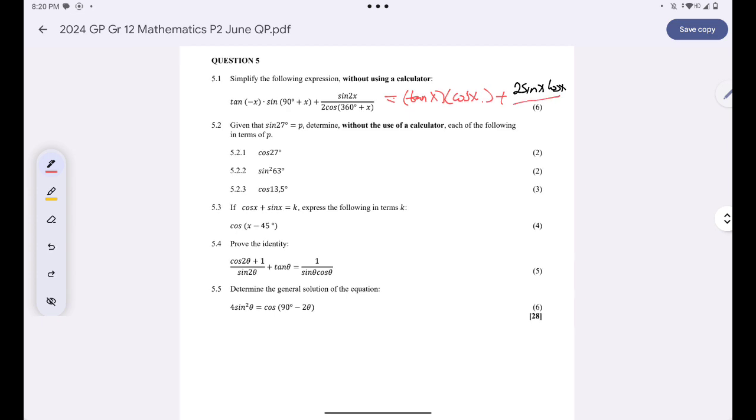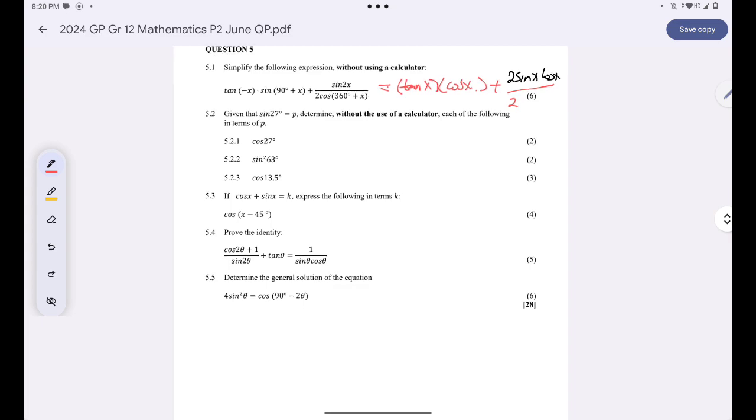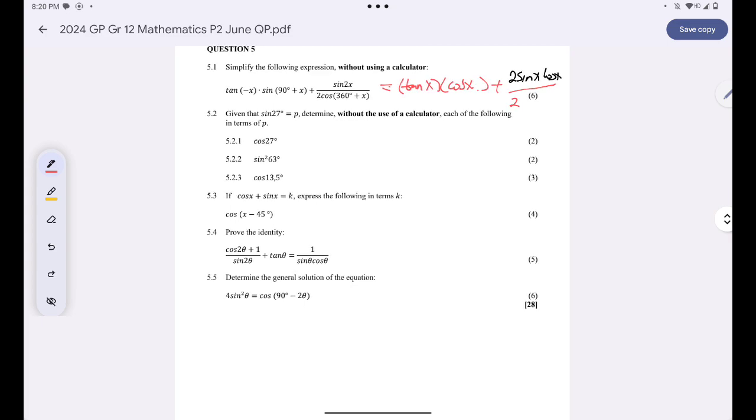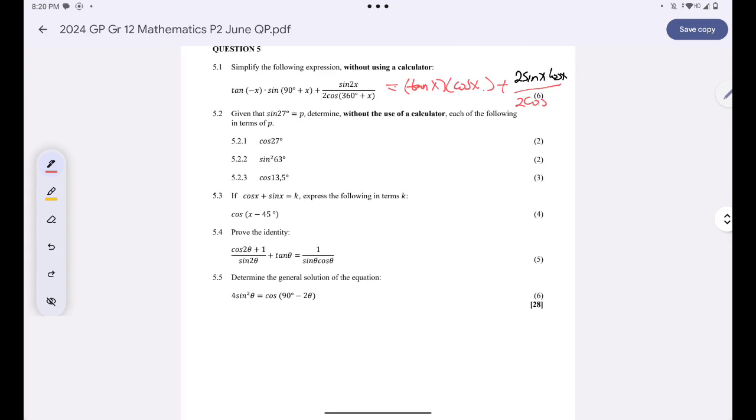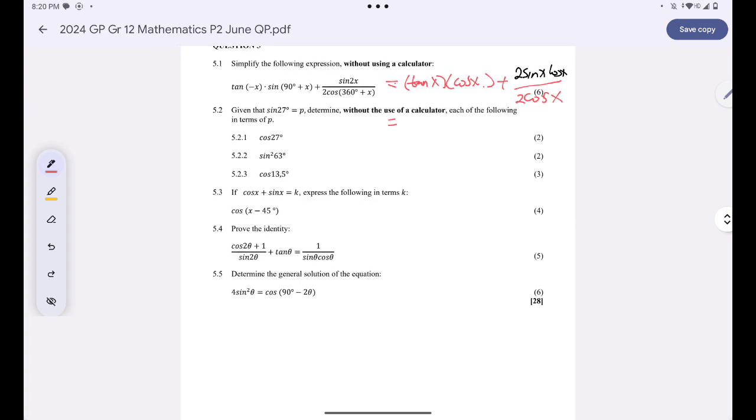And then the denominator, I'll just write 2 cos. 360 plus is in the first quadrant and everything is positive there, so I'll simply have cos x, right? And then for tan, now I need to change everything to sine and cos, because the angles are already reduced.